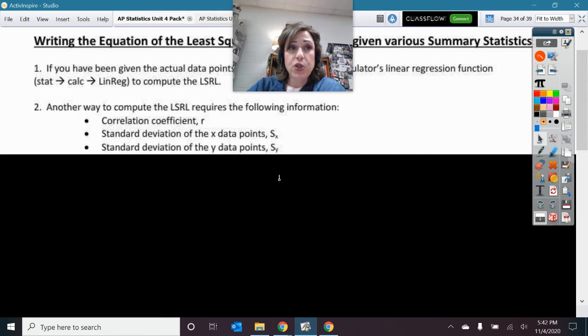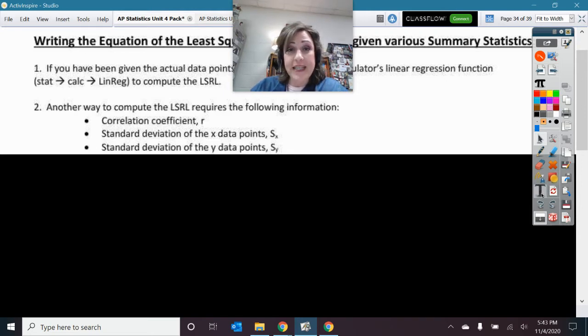Do you recall the components of slope? You've heard of rise over run, change in the y's over change in the x's. Well, we're going to do something similar, but we have the variability in the y's over the variability in the x's times how well they are correlated together.